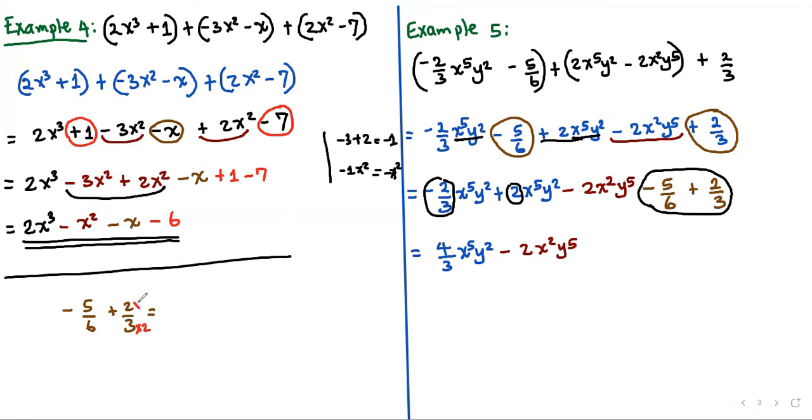And we do the same on the side of the numerator. So this means that we will get negative 5 out of 6 plus 4 out of 6. Then negative 5 plus 4, that is negative 1. So we have negative 1 out of 6. So this means that here we write minus 1 out of 6. So this becomes our final answer.